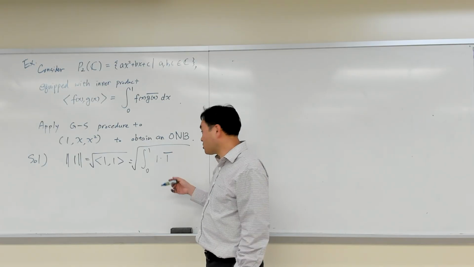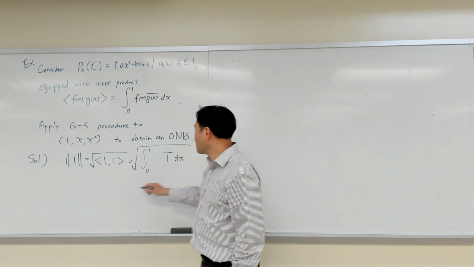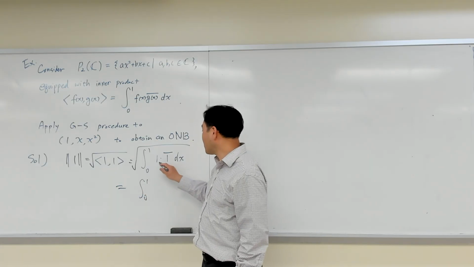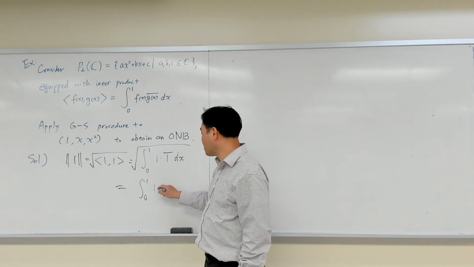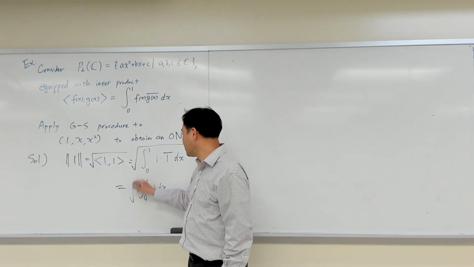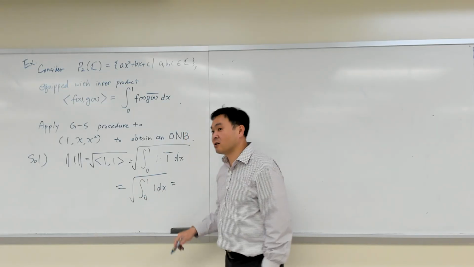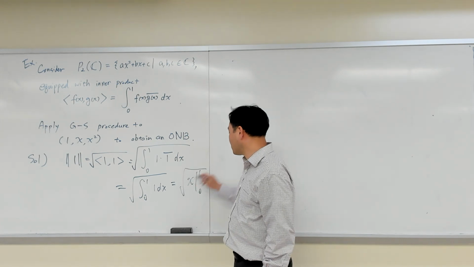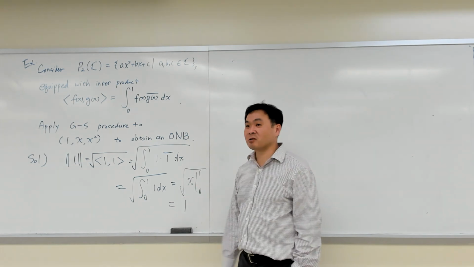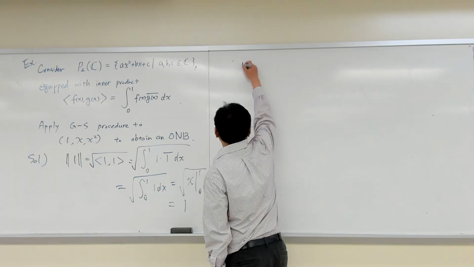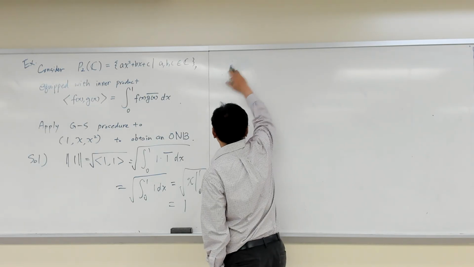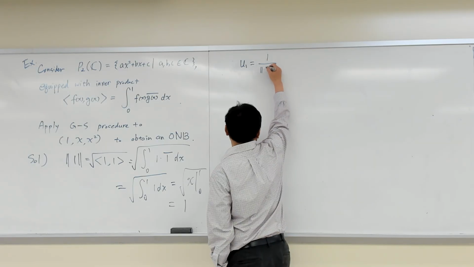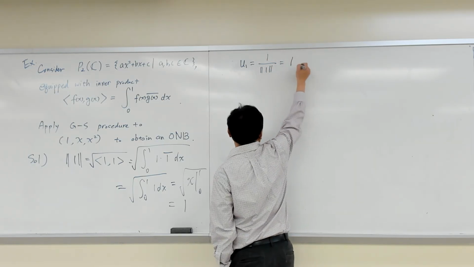The conjugate of 1 is 1, so this is just the integral of 1 dx. Integrating 1 gives you x, and then you plug in 1 and 0, square root, that's already 1. So your u1 is going to be 1 divided by the norm of 1, which is just 1 itself.